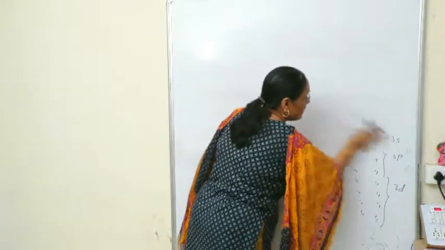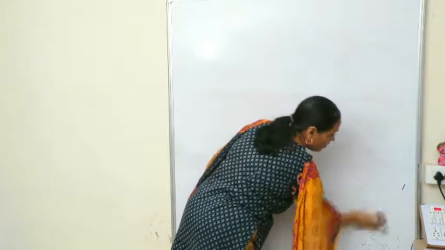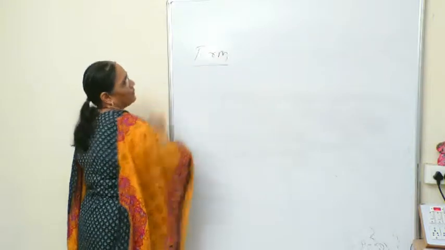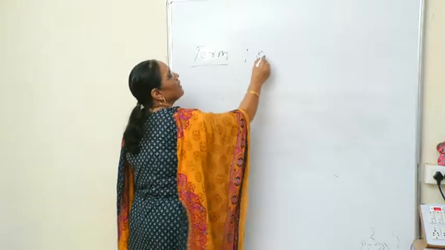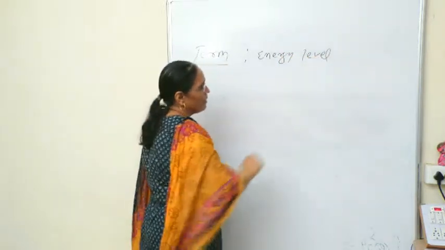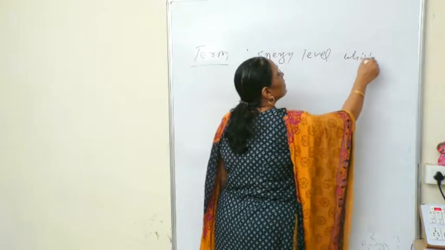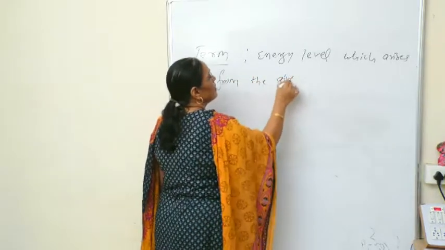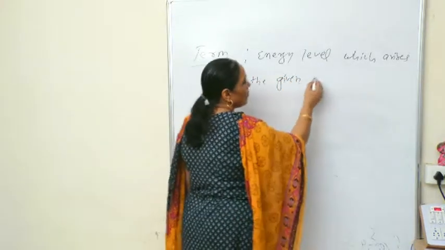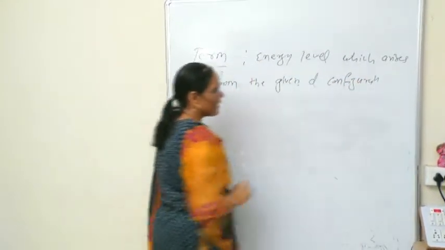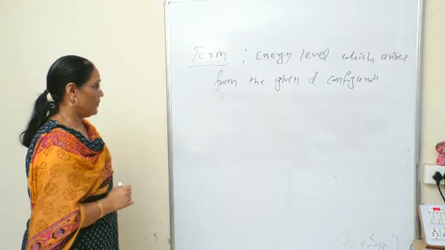Next, we will see what is a term. So, what is a term? The term is the energy level which arises from the given d configuration for transition metal ions.